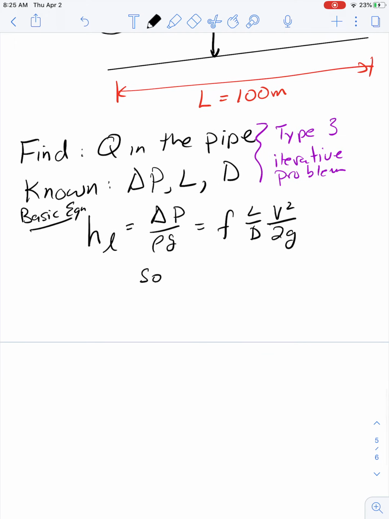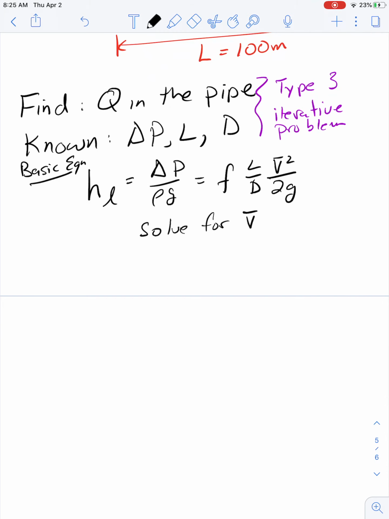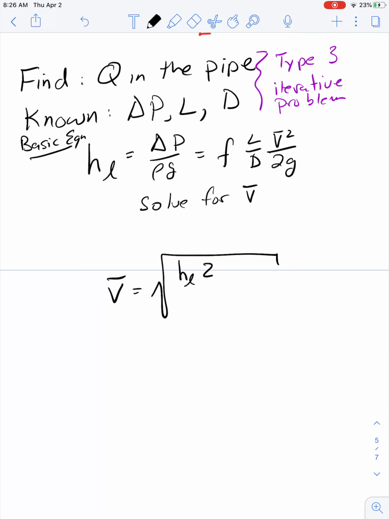So let's solve for the average velocity, v bar. If we do that, v bar is going to be equal to the square root of H_L, which is our major loss, times 2g, times the diameter, divided by F L. We'll call that equation star.